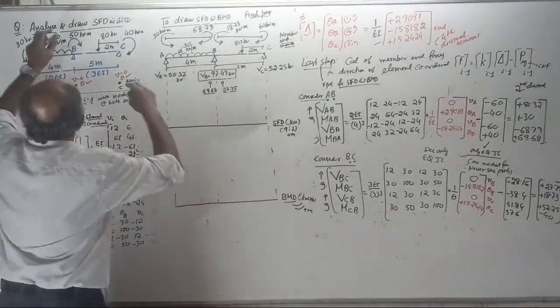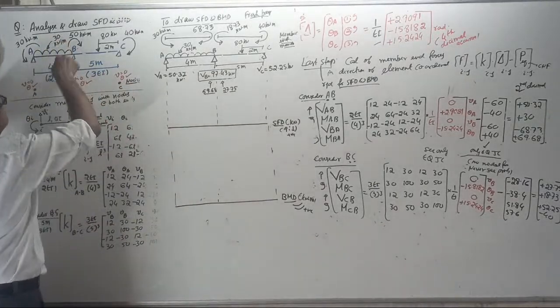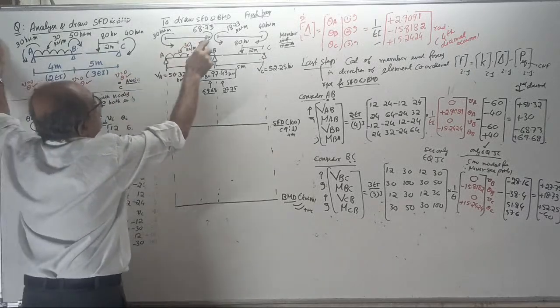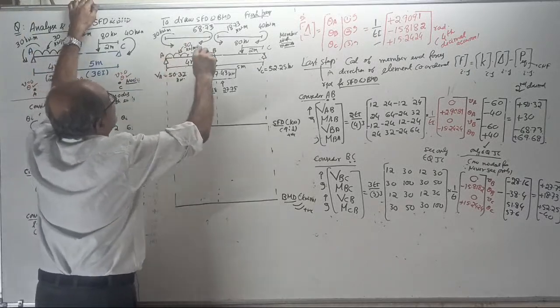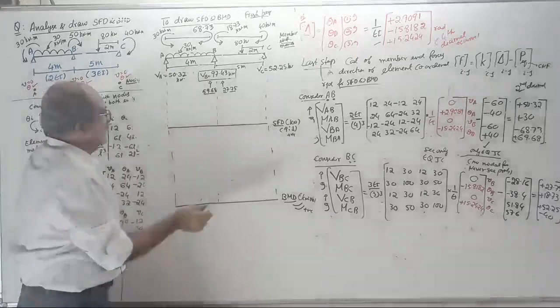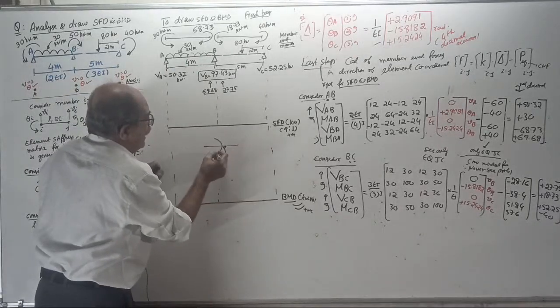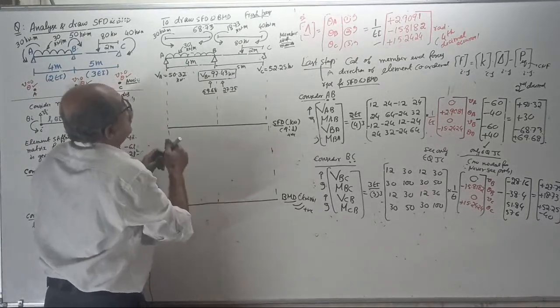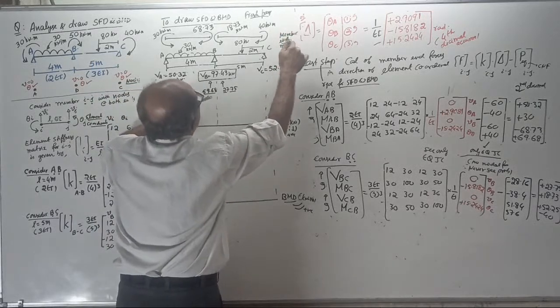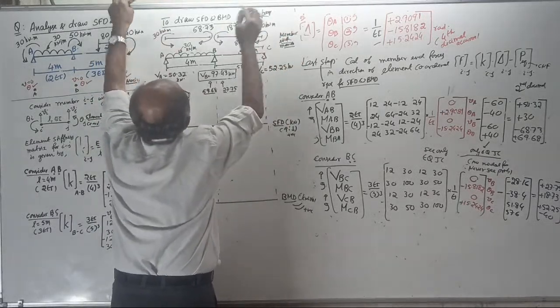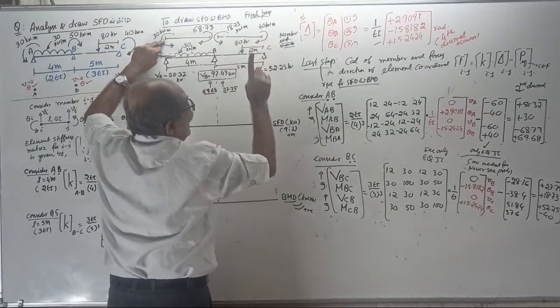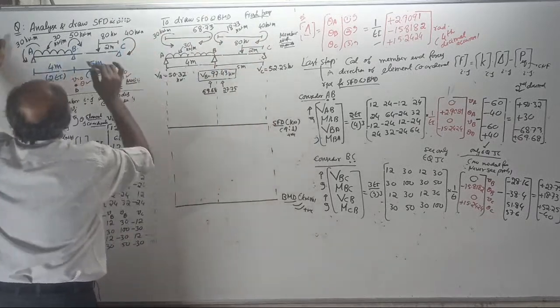Then the moments at the ends you write on the upper side. If I write here, it will spoil the diagram. If I write here this way, it will cut the line. So member end moments I enter on the upper side. See, A, B, B, C.